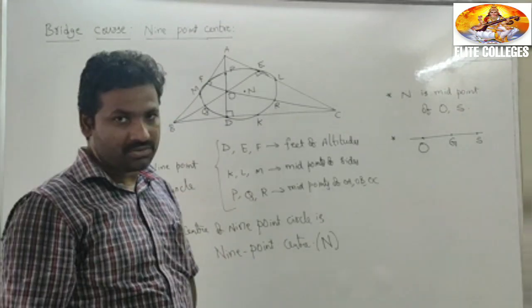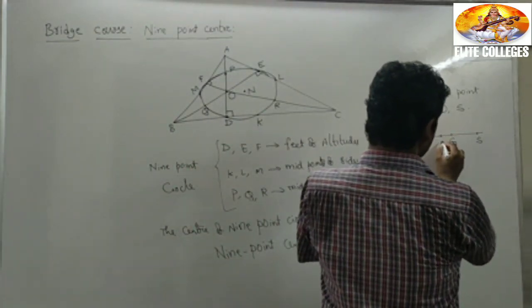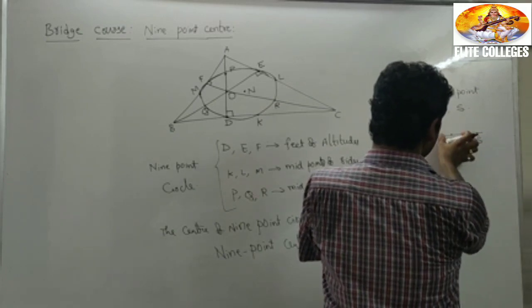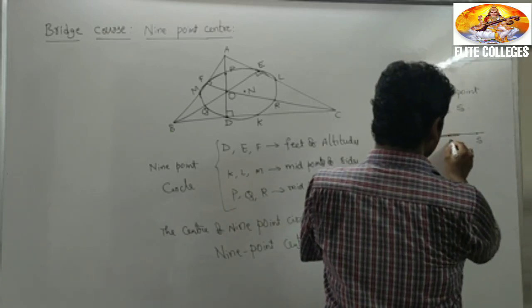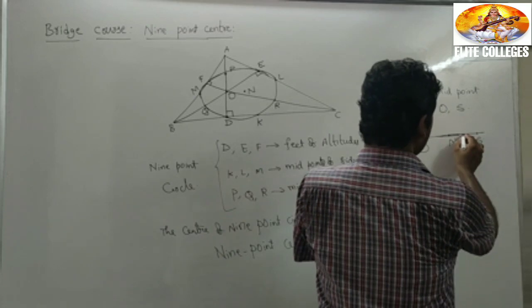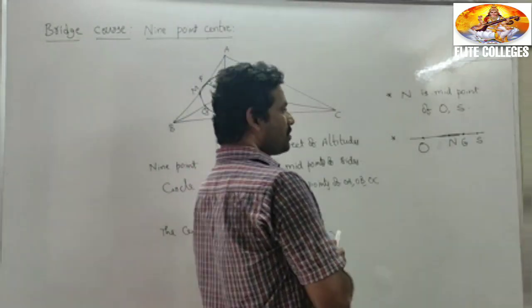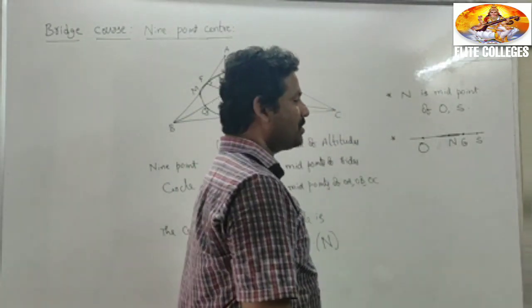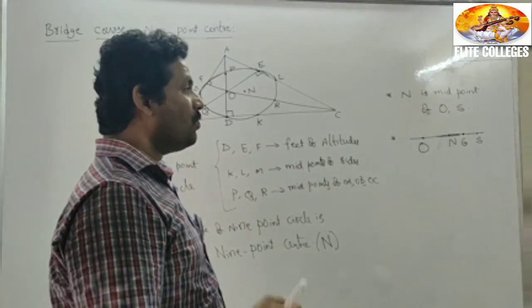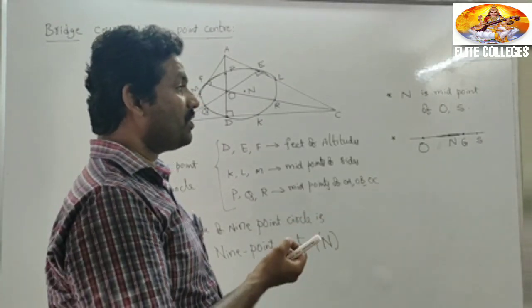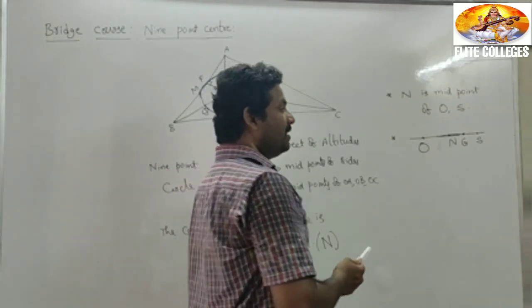Like that, N also lies on the same line: O, N, G, S. So this is N. N is the midpoint of the orthocenter and circumcenter. Sometimes we take S as C, then it is very easy to remember ONGC. Sometimes the circumcenter we denote as C. That's why ONGC, easy to remember.